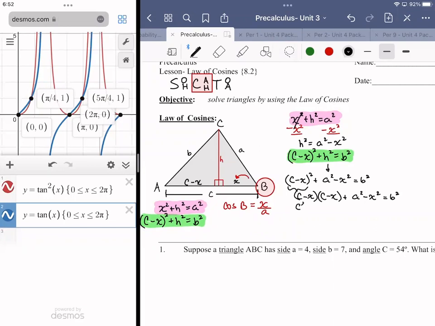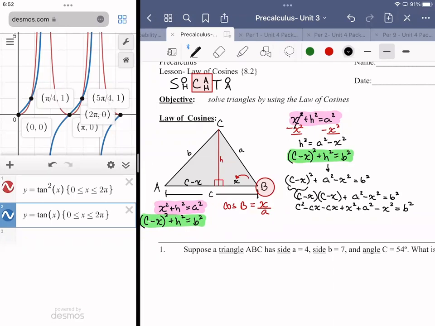So a little distributive property. I'm going to get c squared minus cx minus another cx plus x squared plus a squared minus x squared is equal to b squared. It seems like this situation is getting out of control, but it's actually going to get really nice really quickly.